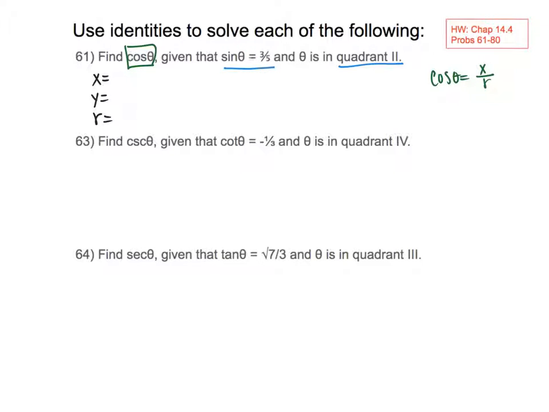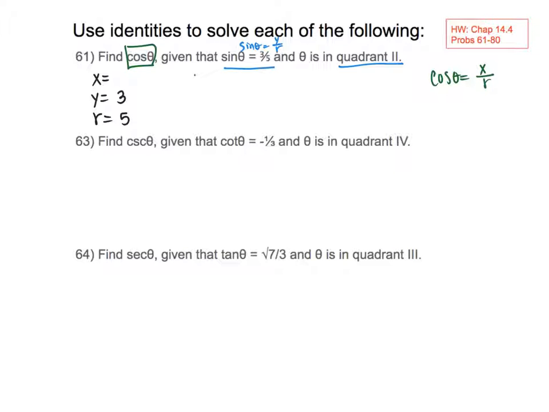The thing about sine is that sine is y over the radius. So in this case, I only know that my y value is 3 and my radius is 5. So I need to find what my x is, but I don't have it. So I have to use the Pythagorean theorem.